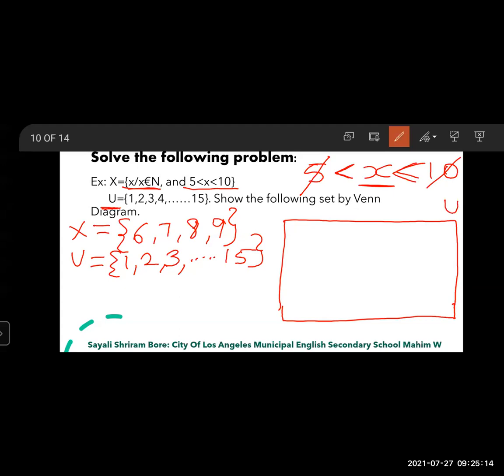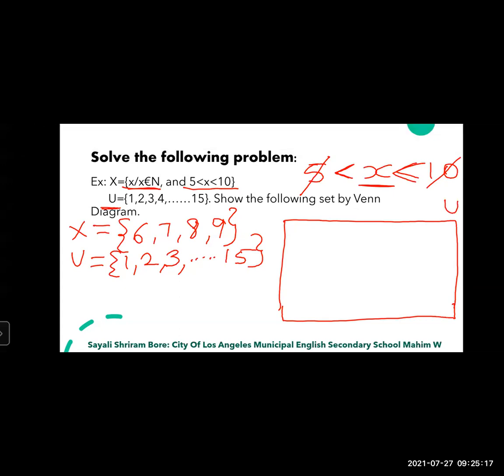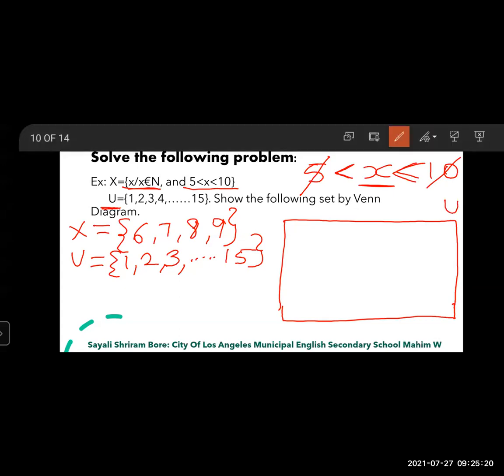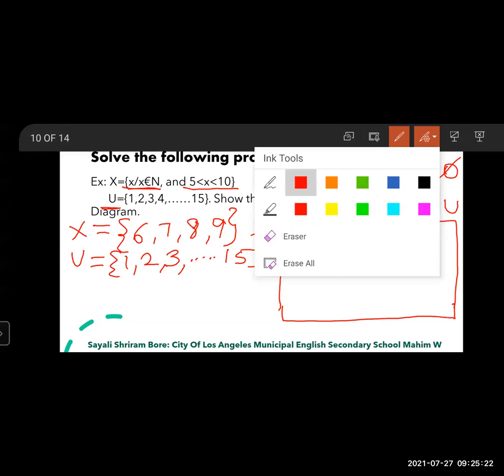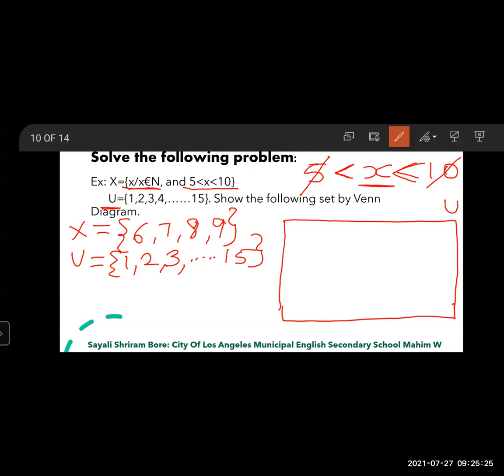Okay, so this X we have to represent. So first draw the circle. Here you can write down X, the name of the set, and in this circle write down the elements which are there in the set X, that is 6, 7, 8, 9.